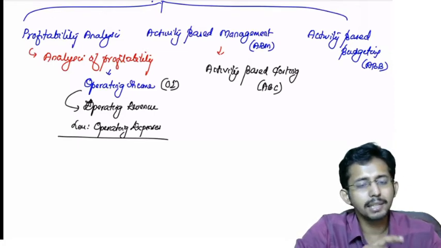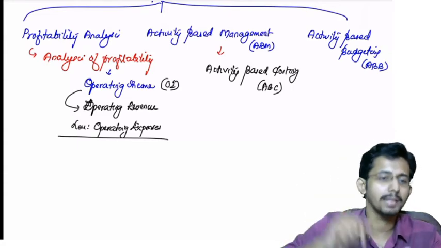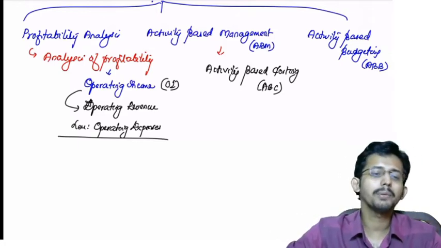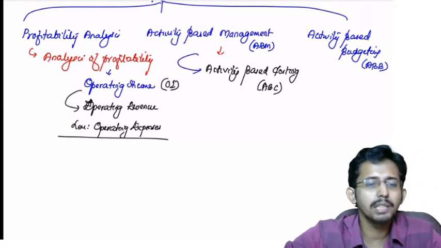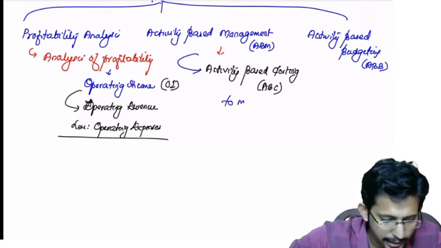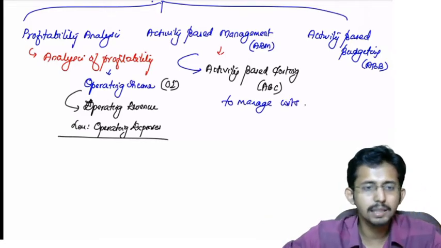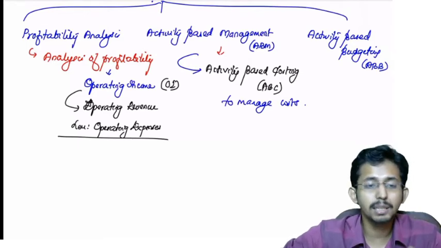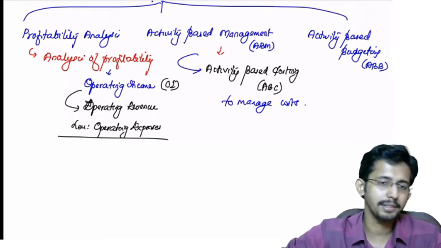So in intermediate you are dealing with ABC, and once you come to the final, you are dealing with the application of ABC for cost management, and that is what is known as activity based management. Is it clear? Activity based management is nothing but application of ABC, activity based costing, to manage the cost of an entity.